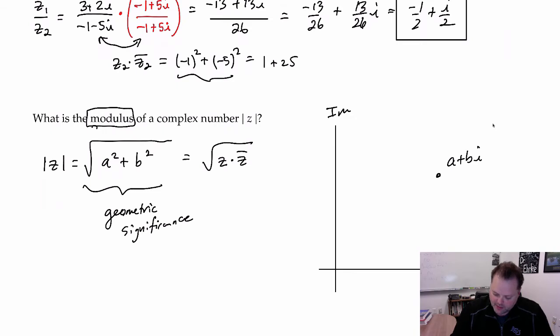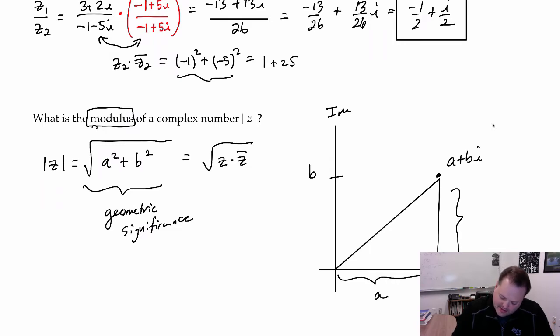So this would be a, the real part, the imaginary part is b, and if you were to look at this triangle that's formed, it is a right triangle where this length is a, this length is b, so we know by the Pythagorean theorem this length is the square root of a squared plus b squared.